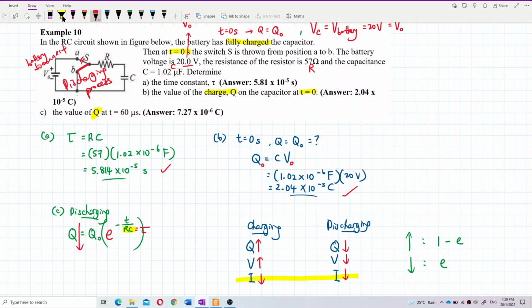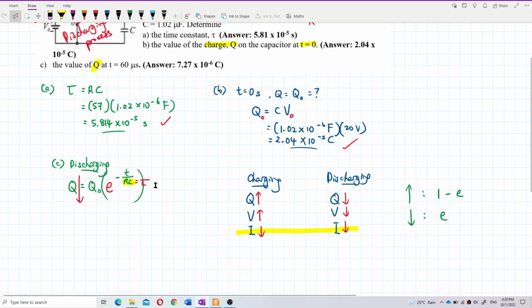I can also write this formula as Q naught exponent negative t over time constant. I can write that because I already got the time constant, multiplying RC, so I just substitute the time constant instead of RC again.